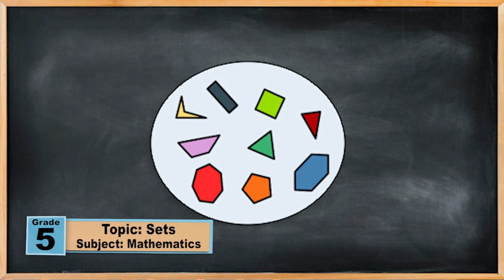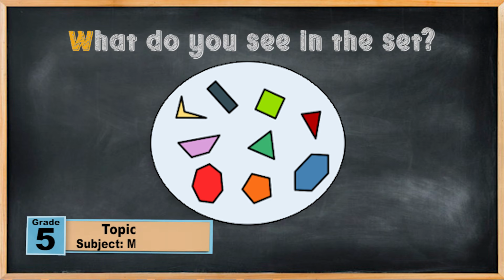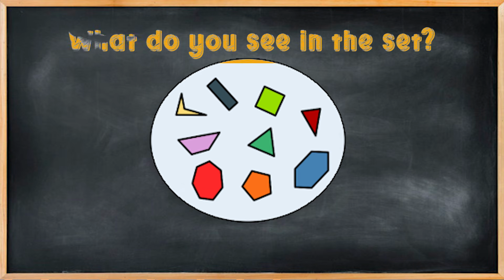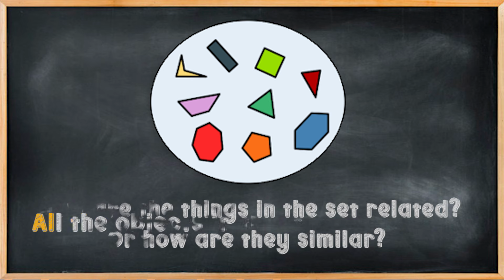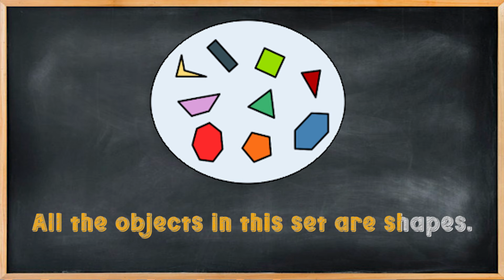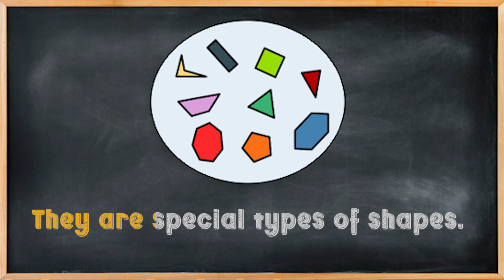Okay, I had asked you earlier to examine the set. So, what do you see in the set? How are the things in the set related, or how are they similar? Well, children, all the objects in this set are shapes. As a matter of fact, they are special types of shapes.